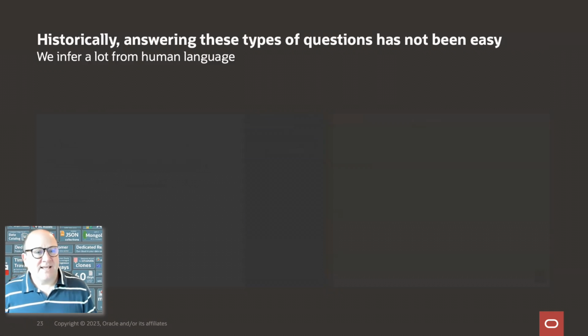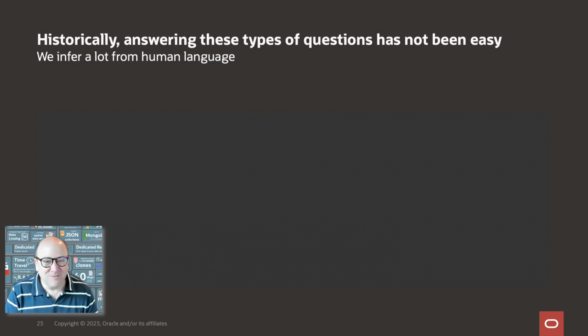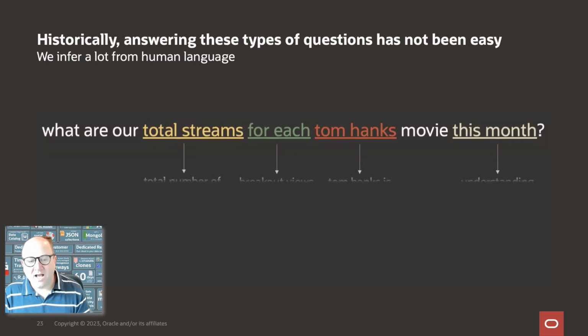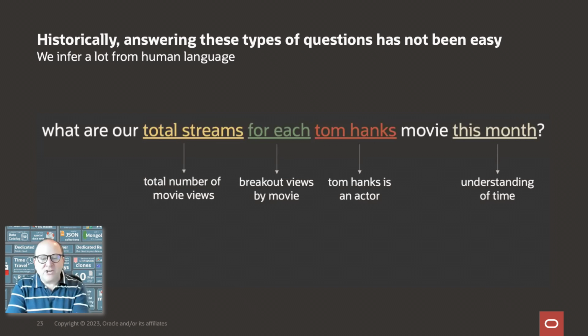Now, of course, you could have done this before, right? But it is really powerful in terms of its ability to infer from human language, from just this simple question. There's a lot that you take away from it. Total streams actually really is the total number of views.